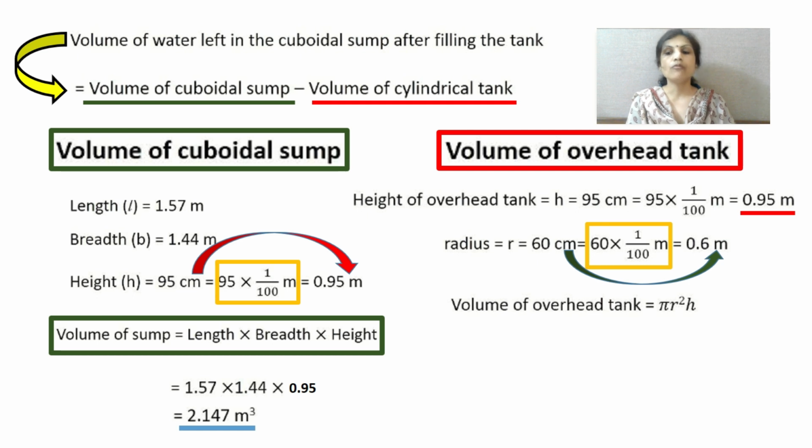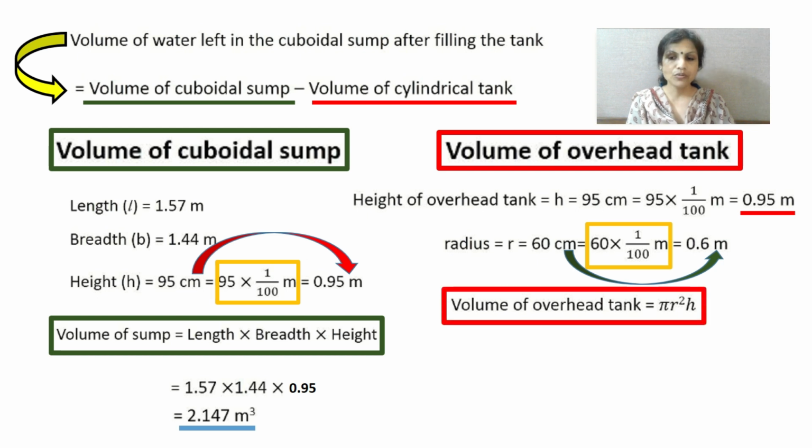Now the volume of the overhead tank which is cylindrical in shape is pi r square h. Let's substitute the values. So pi into 0.6 square into 0.95. So if you solve it, we get 0.342 pi meter cube.